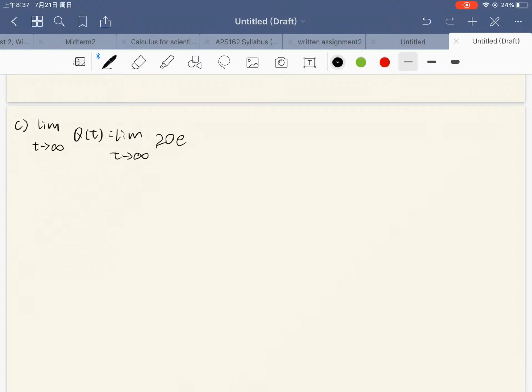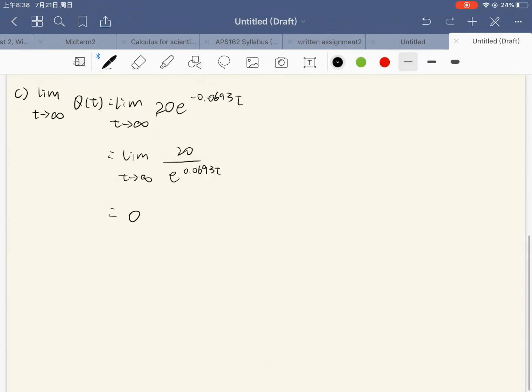We know the limit of Q of t is equal to 20 over e to the power of 0.0693 t. When t is approaching infinity, the denominator becomes infinitely large, which makes the whole fraction approach 0, so the answer is equal to 0.